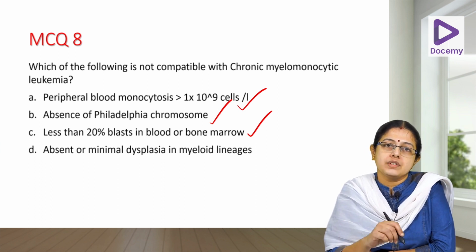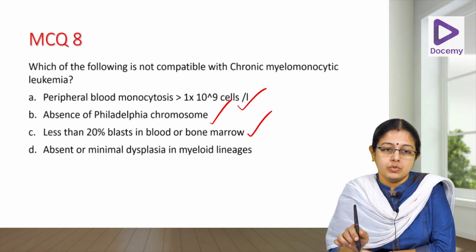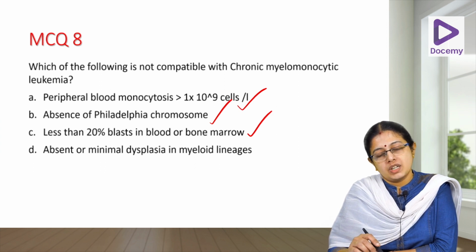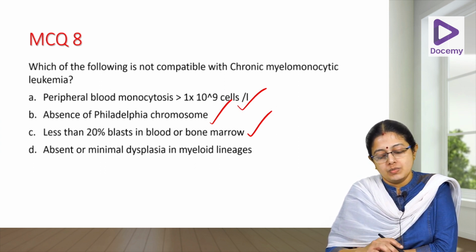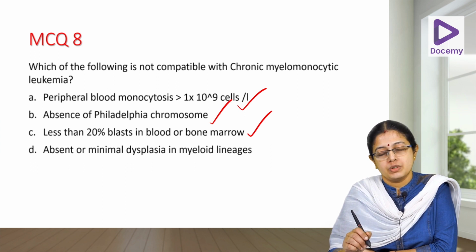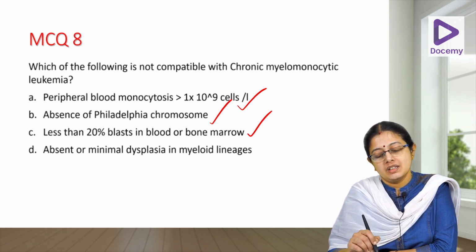The diagnostic criteria for chronic myelomonocytic leukemia include peripheral blood monocytosis, absence of Philadelphia chromosome, and less than 20% blasts in blood or bone marrow. But the dysplasia in the myeloid lineage is required. It is a required criterion.